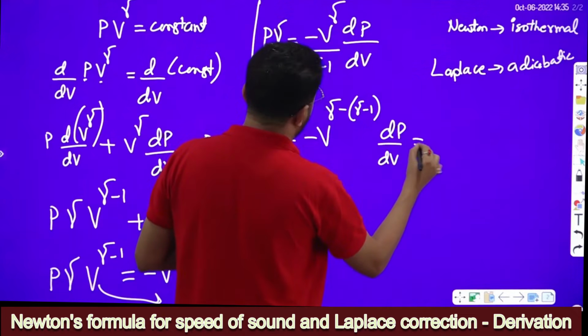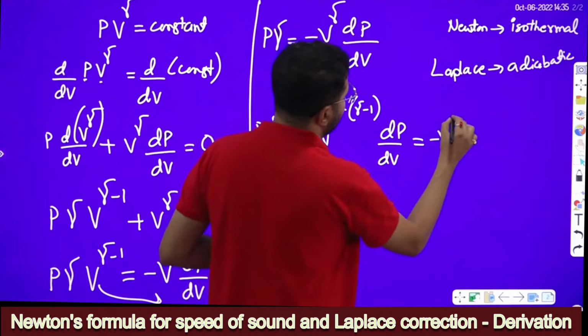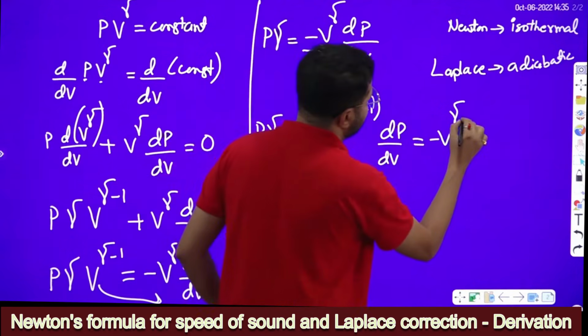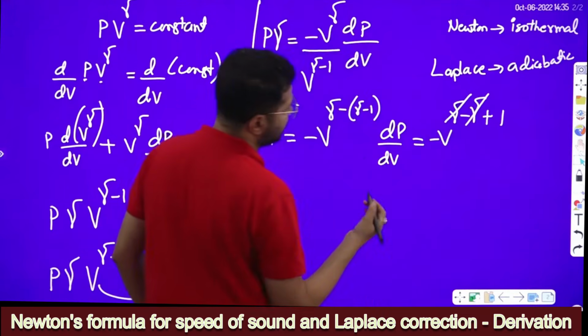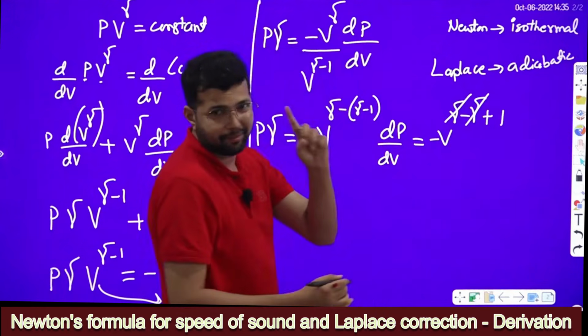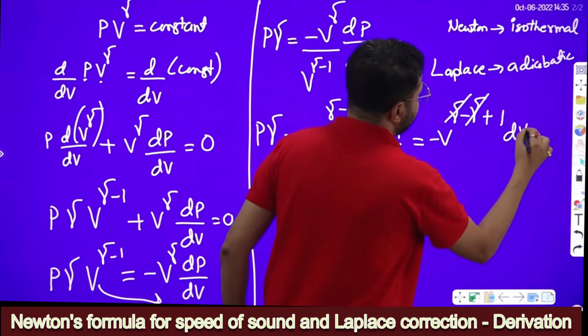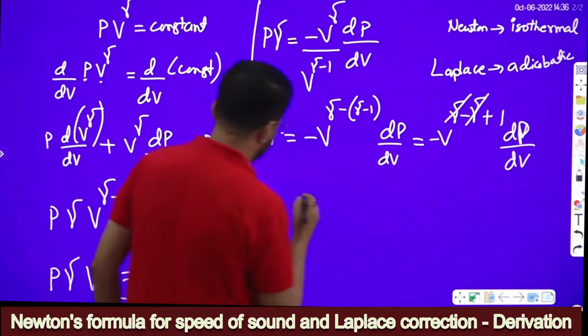We will do some simplification here. So, minus v to the power gamma, this is minus gamma, minus of minus plus 1, minus gamma plus 1. So, that gamma and gamma get cancelled. So, v power 1, or it is just v, into dp by dv. So, what happens?